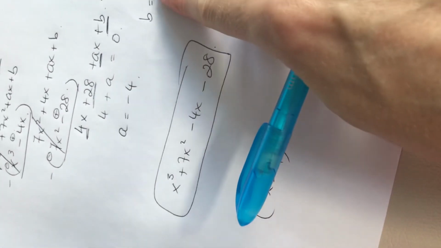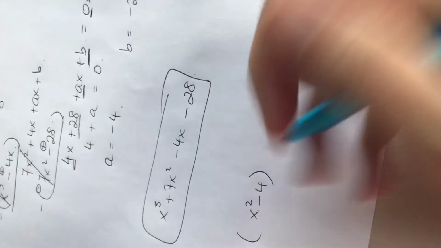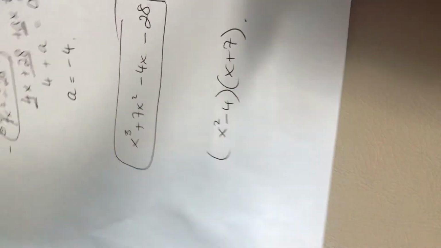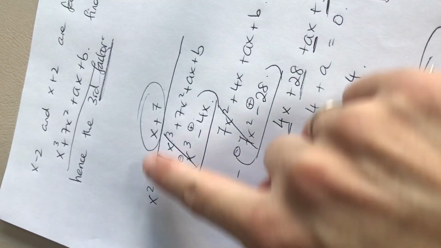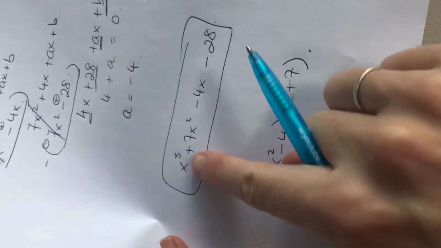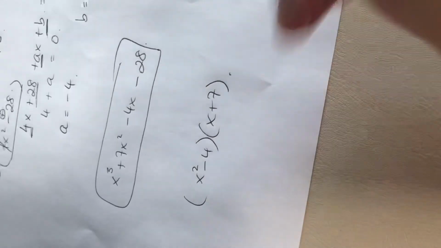For a and b. Now, you don't have to do this. I'm only just doing this because I have time. You probably don't in the exam. But I just want to show you that if these are my factors, x minus 2 by x plus 2 is this, times this should give me my cubic, which I reckon from finding out that a is this and b is this, looks like this.